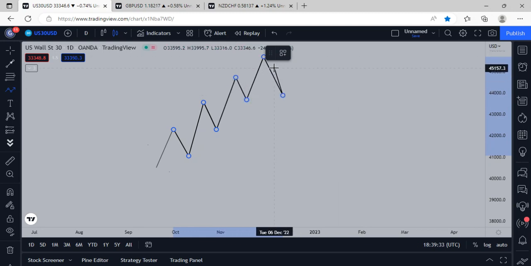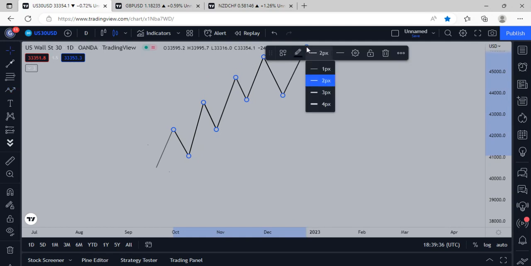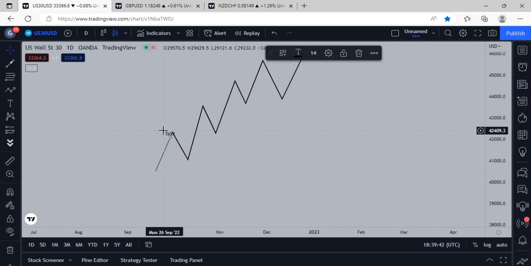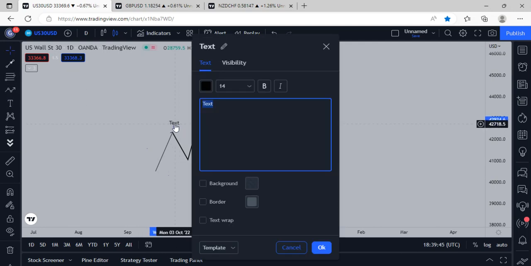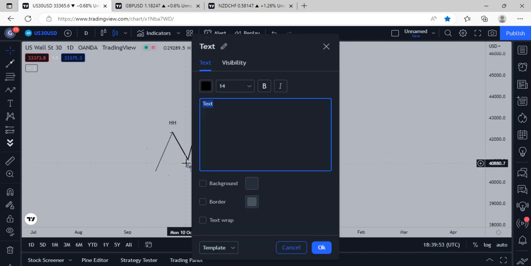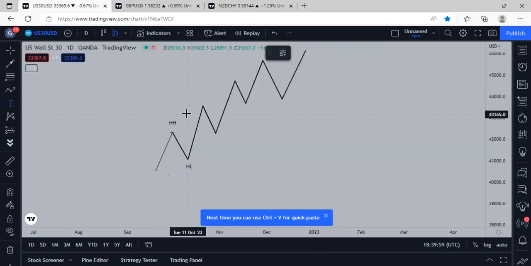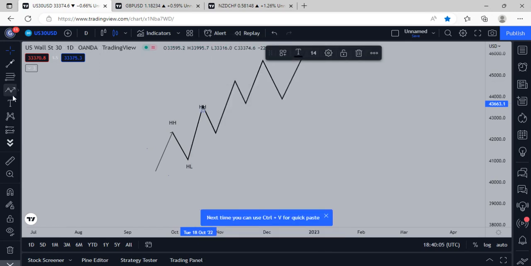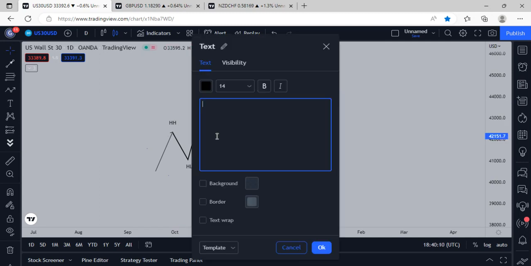This is what you call an uptrend, when price is making higher highs and higher lows. I'm sure you guys get the picture right now.